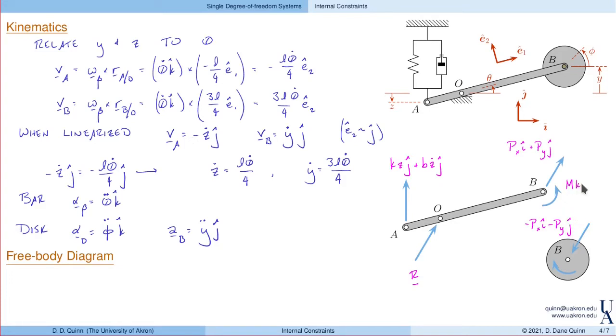Finally, I have the moment mk and minus mk acting on the disk.